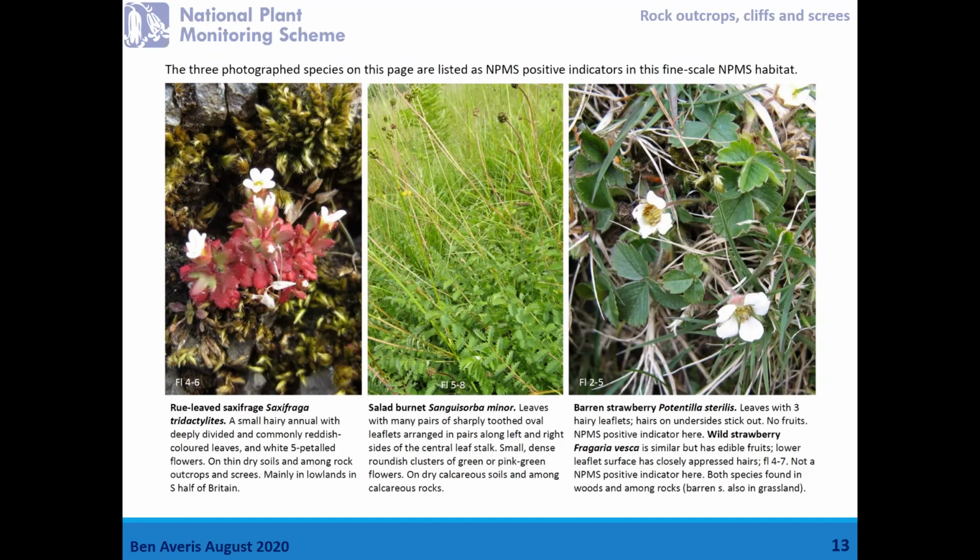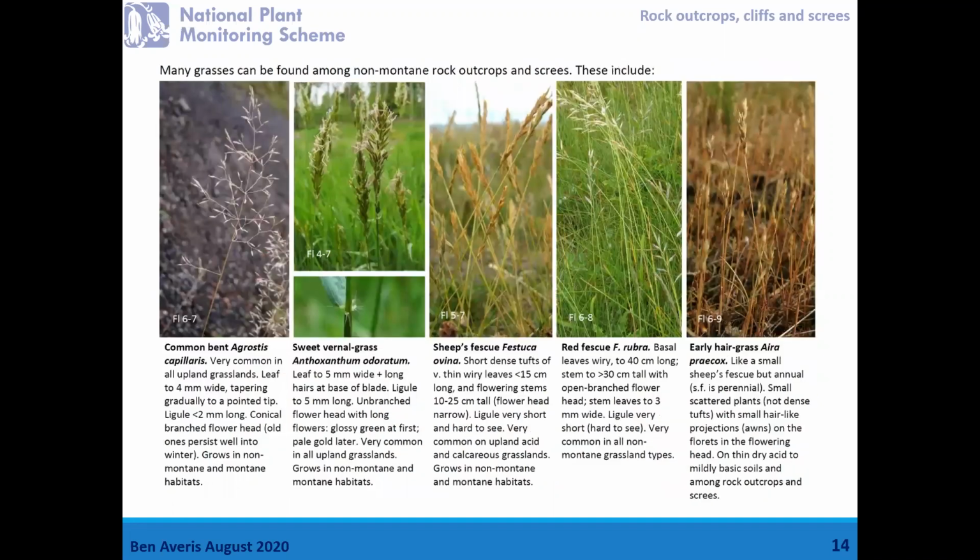Okay, next page, we've got some grasses. Grasses can be very common, tucked away in crevices or on ledges among the rocks. These species on this page are all common ones that we find, especially in grasslands and in grassy woods, except the one on the right is not really found in woods, and the one in the middle, the sheep's fescue, neither, not much in the woods.